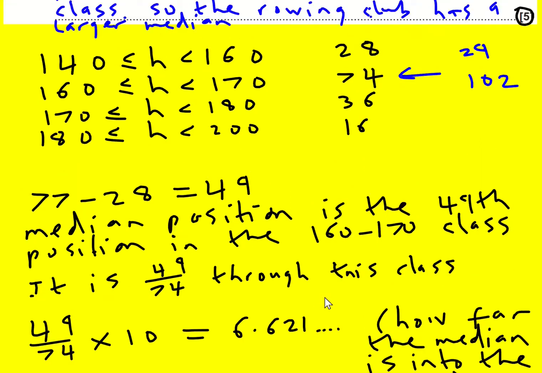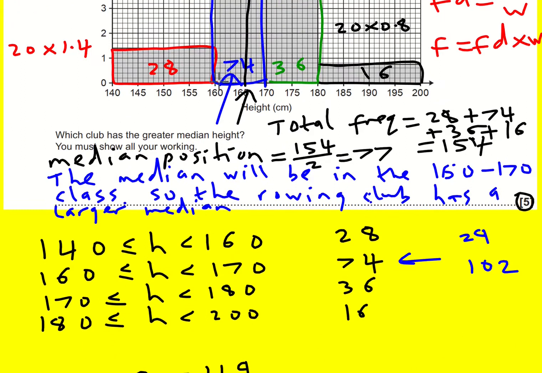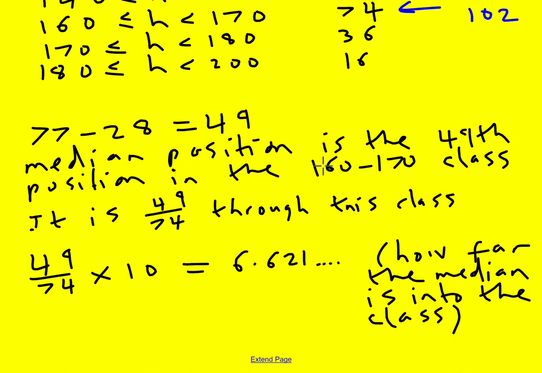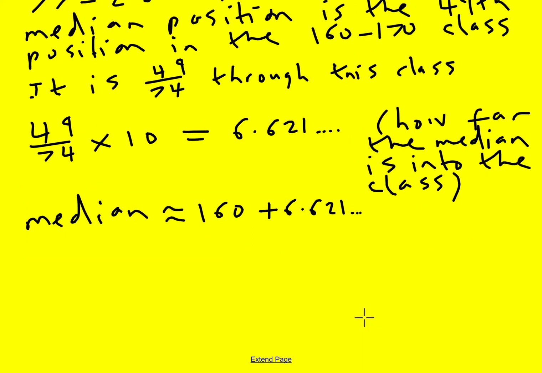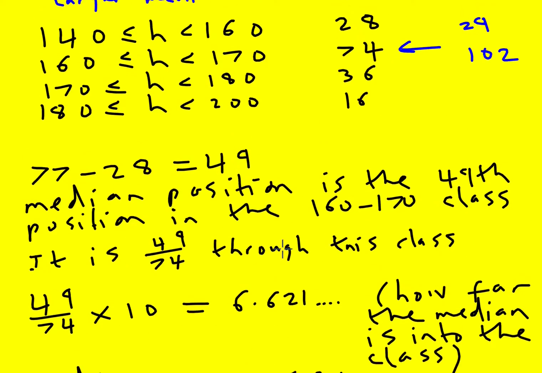So finally, I know where the class started. It started at 160. So actually, the median is approximately equal to 160 plus this 6.621, which is approximately 166.6 centimeters. That is how we can actually find an estimate for the median from a histogram.